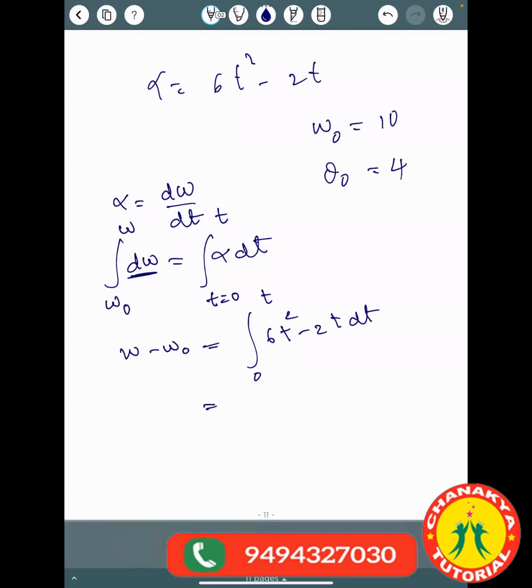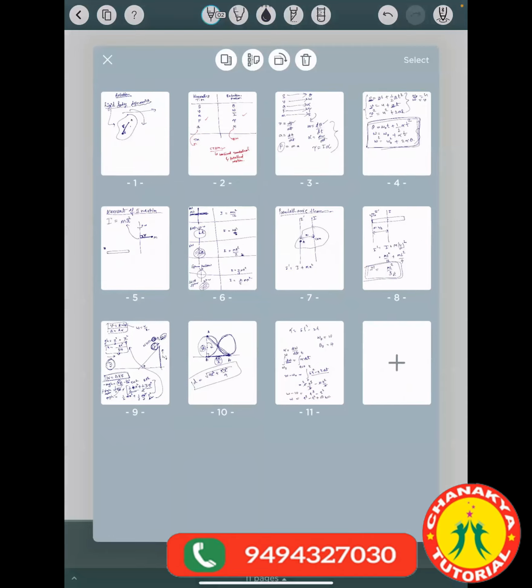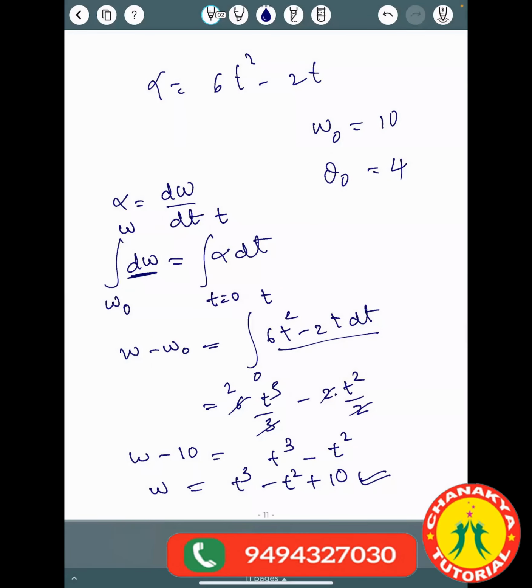Integrating, 6 into t cube by 3 minus 2 into t square by 2. Put the limits; 3 threes are 3 twos are 2 cancel out. So it is t cube minus t square. Omega naught is 10, so omega is equal to t cube minus t square plus 10. Understood till here?